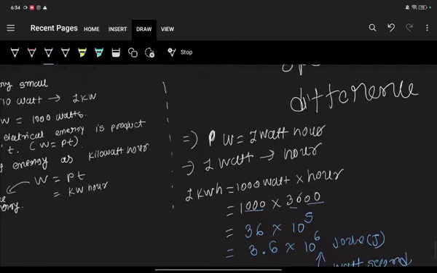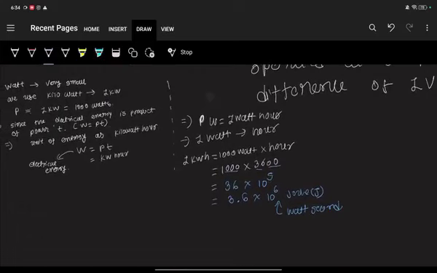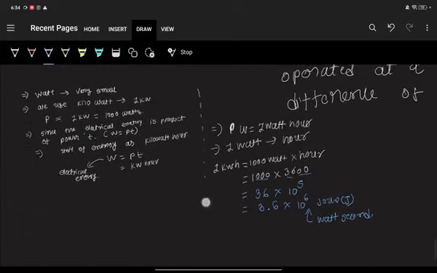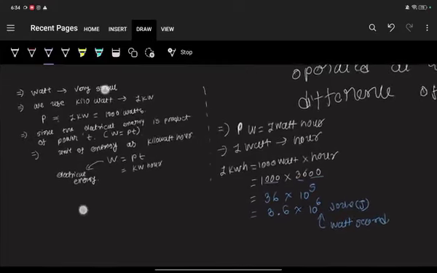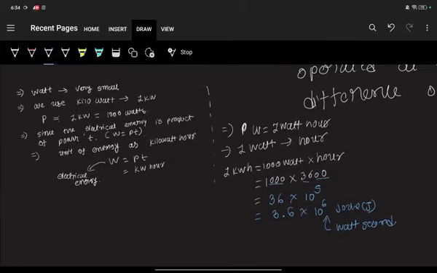So this was our discussion on electrical power. Write this down here. Our electricity chapter ends. First of all, write this down and we'll get to some questions.